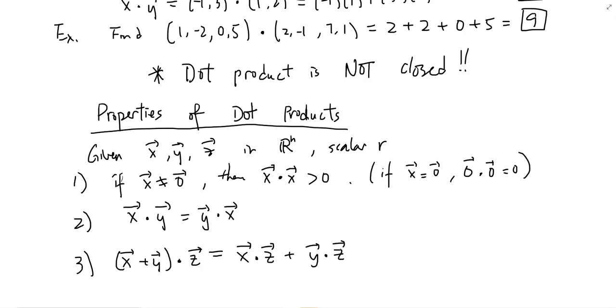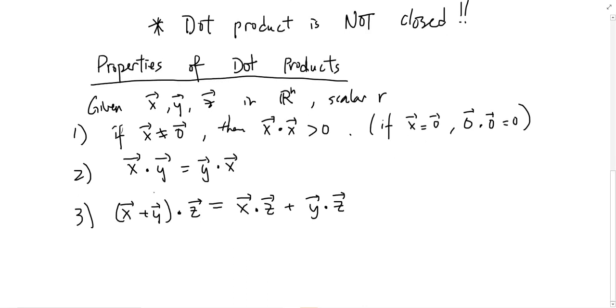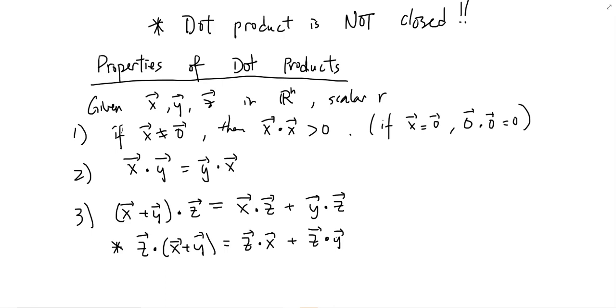Now, because dot product is commutative, you could easily write this as z dot x plus z dot y, which basically means the same thing. And this statement is exactly the same as the one on top, because z dot x is the same as x dot z, and z dot y is the same as y dot z.